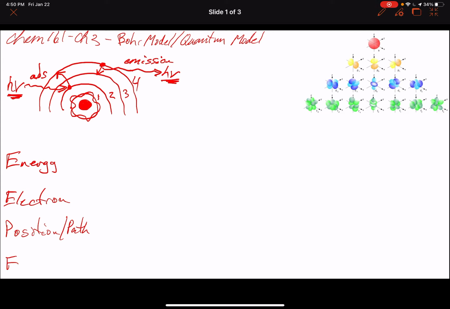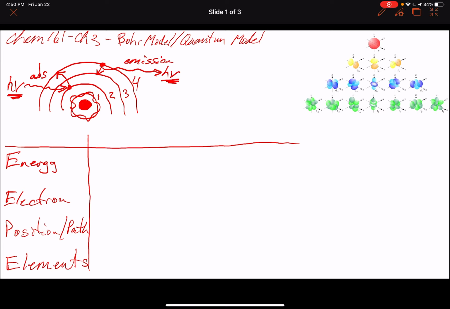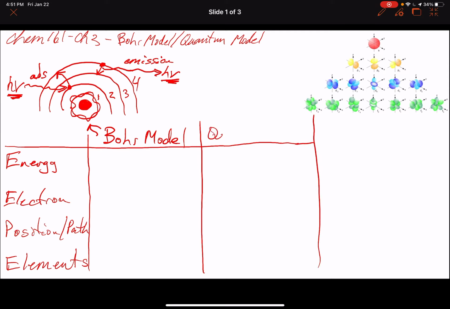And we'll talk about what it means to distinguish and what elements it works for. Okay, so there are some of the categories for our table, and we want to consider this for the Bohr model, as we've just seen here, and compare that to the more successful model, which is this quantum mechanics model.